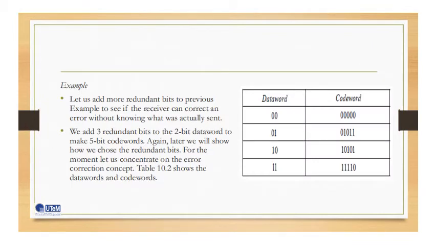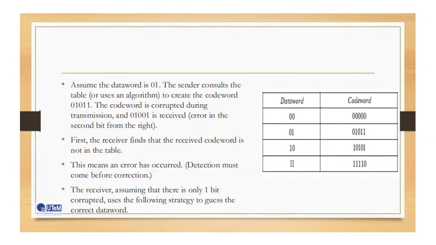Okay, this is another example. Let's add more redundant bits to the previous example, now from 2 to 5. k equals 2, n equals 5. So we consider different cases.